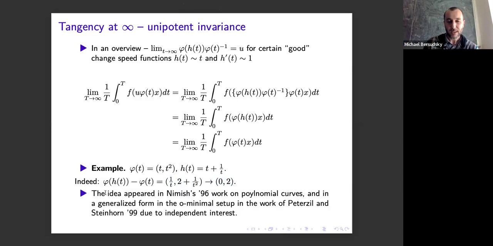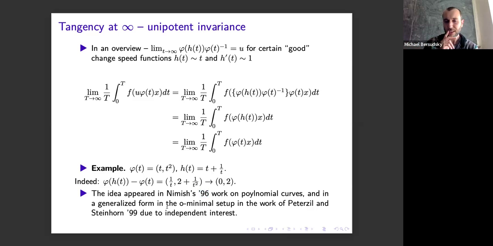So this idea appeared already in Nimish's work, and interestingly, it was generalized to the o-minimal setup, and the interest there was something related to o-minimal geometry, not related to equidistribution.